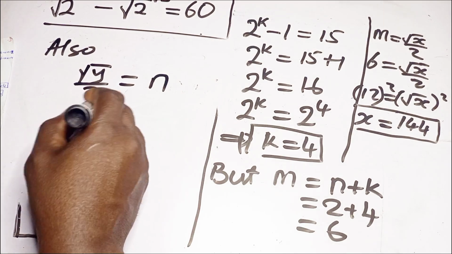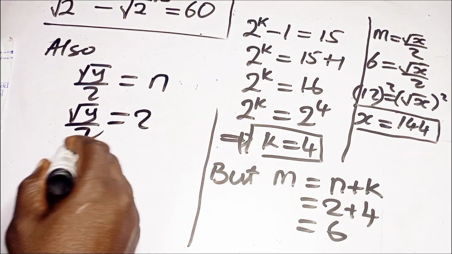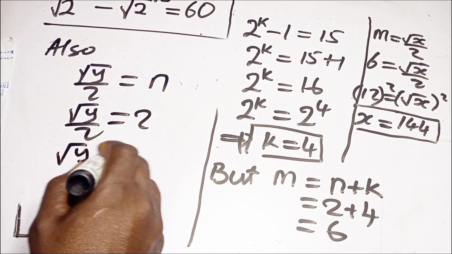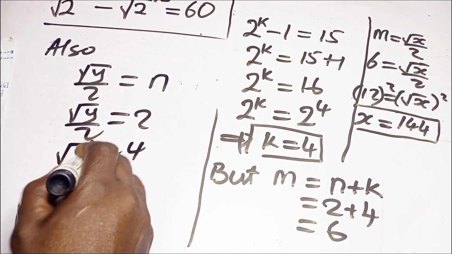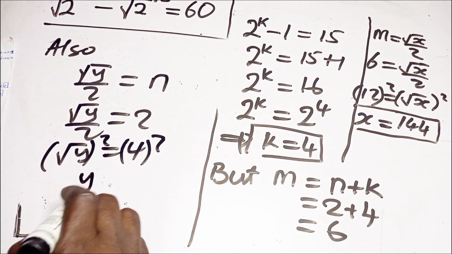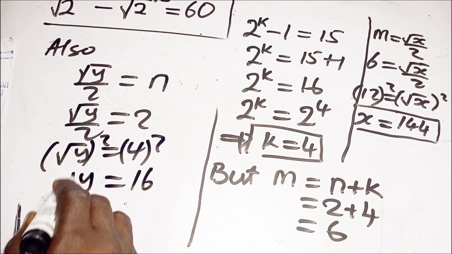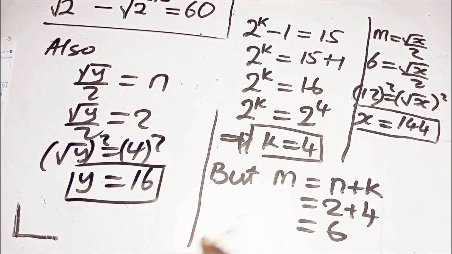And so we're saying root y all over 2 is equal to 2. When we cross multiply, we have root y is equal to 4. When we square both sides, we obtain y is equal to 16. So the value of x is 144 and the value of y is 16.